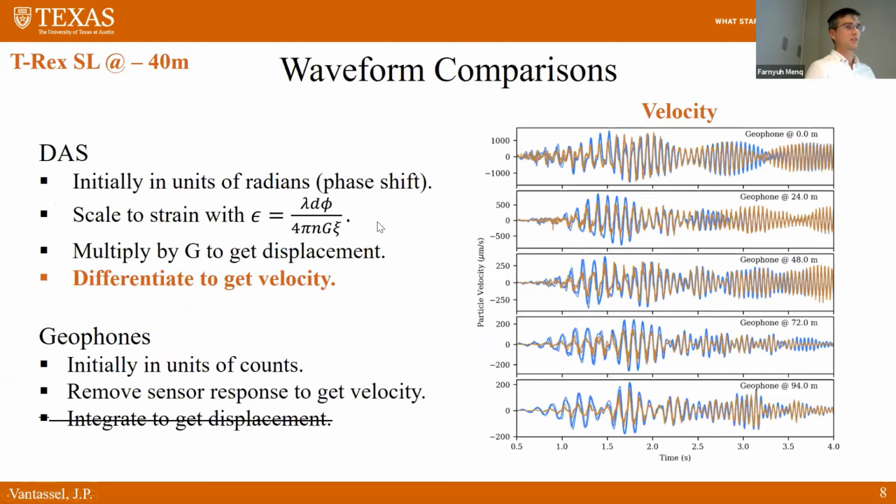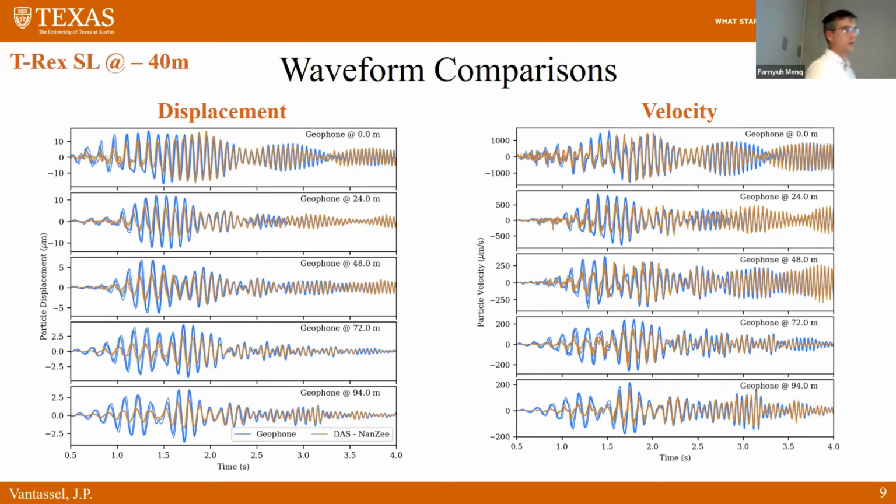If we make a comparison in terms of velocity, we're going to do a very similar processing procedure, except now for the DAS, we need to differentiate that displacement into a velocity, and then we can skip the integration that we did for the geophones, as those are already sensing in terms of velocity, and that's what's shown here on the right. And so I can just show these side by side now to show that we're getting extremely good agreement in terms of the phases.